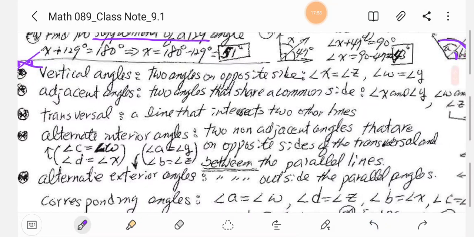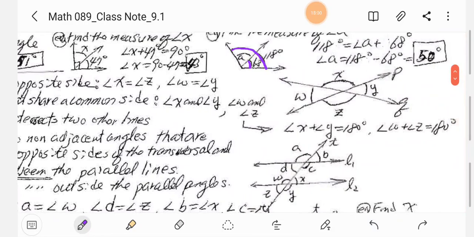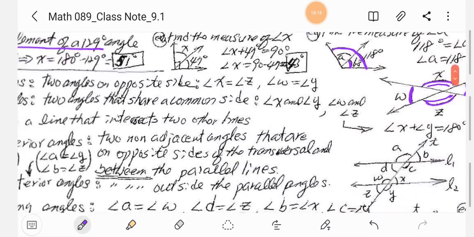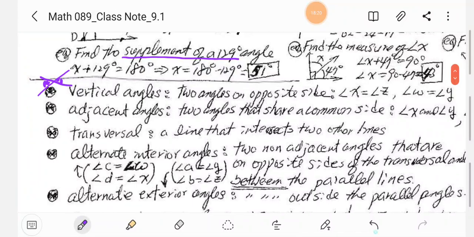Okay. So as you see in this diagram, angle W and angle Y are congruent. So they are the same. W and Y angles are the same. And angle X, this angle and this angle are the same because we call them what? Vertical angles.